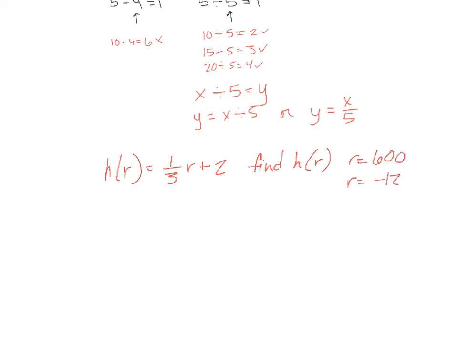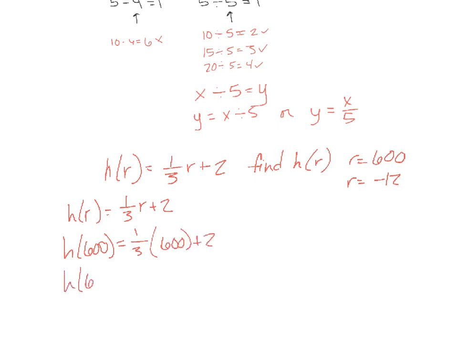Okay, so we're going to write the equation down. h of r equals 1/3 r plus 2. So we're going to put 600 in. Equals 1/3 times 600 plus 2. And then we have h of 600. 1/3 of 600, that's like dividing 600 by 3. You get 200 plus 2 is 202.